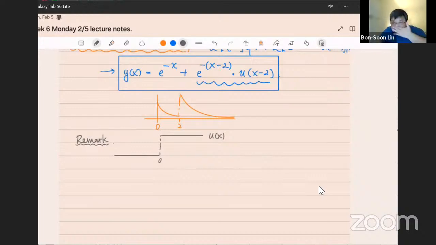Now, this function, would you say it's differentiable at 0? It's not differentiable, right?